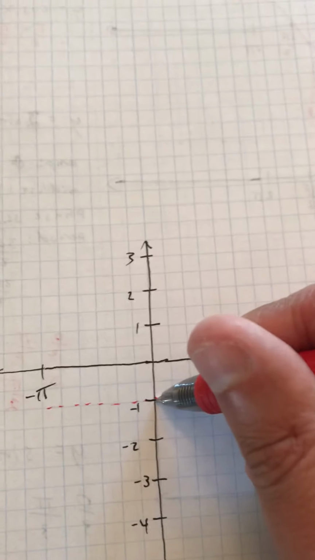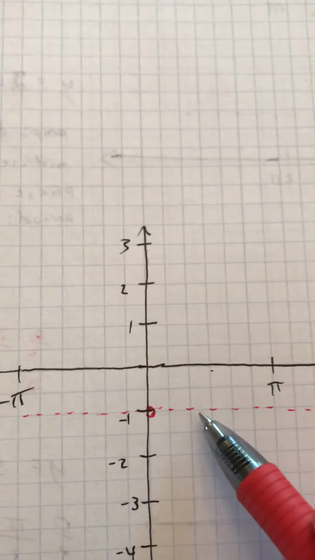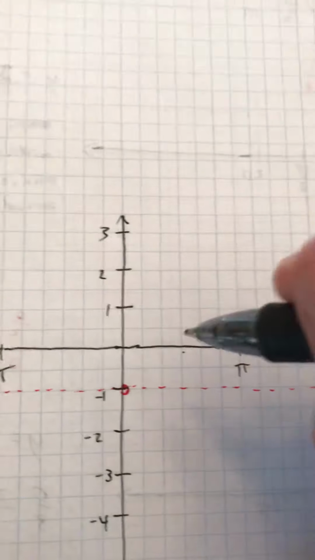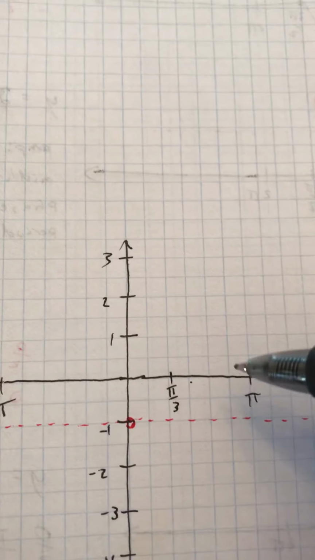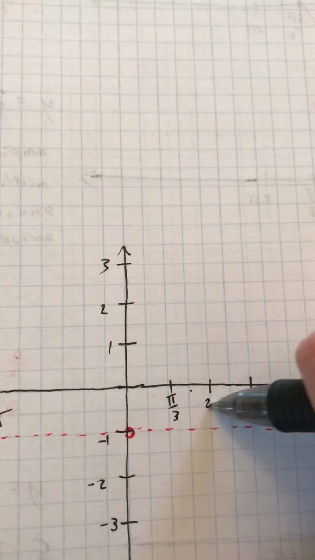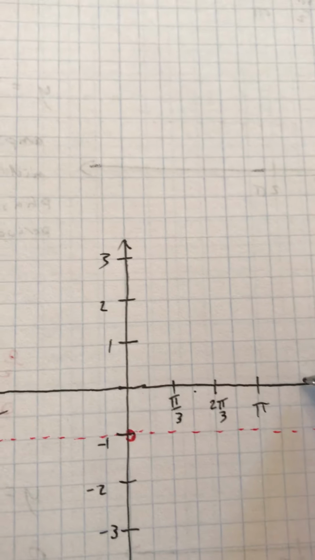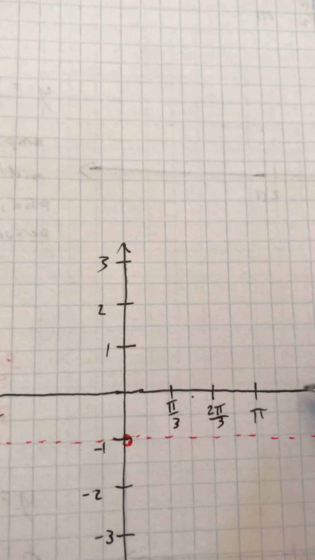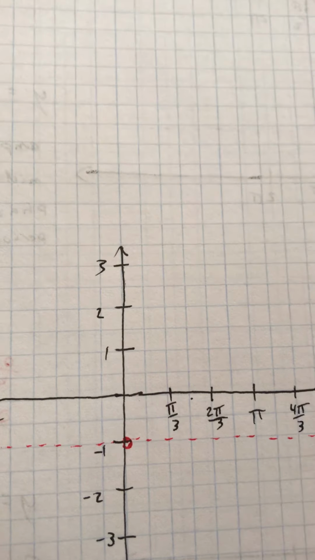So I've got it crossing here at 0. And I've got this broken up into 6 parts. So every third tick mark is a pi over 3. So we've got pi over 3, that's 1/3 pi. We have 2/3 pi, 2 pi over 3. 3 pi over 3, 4 pi over 3, or 4/3 pi would be our next tick mark.